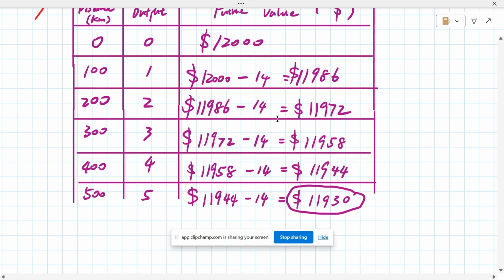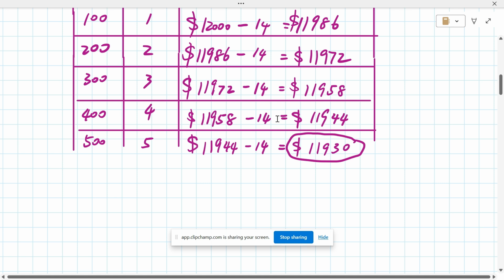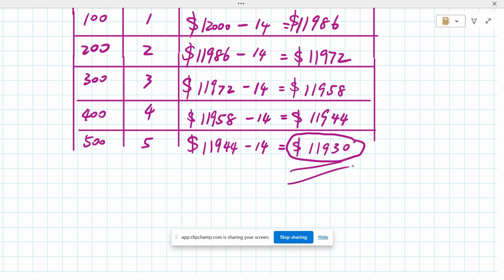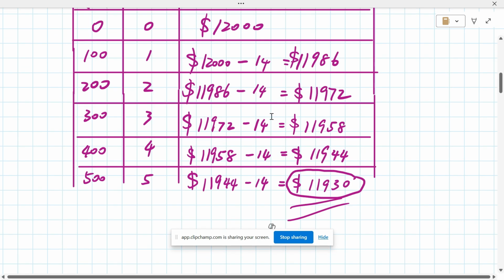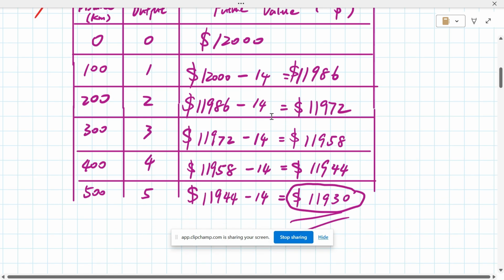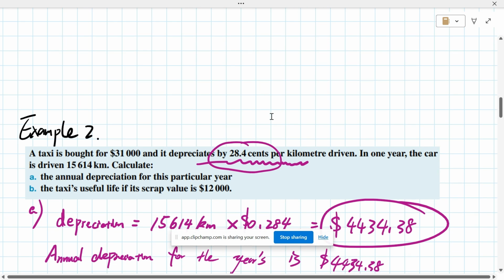After 5 times, your final value at 500 kilometers will be equal to 11,930. So using the table, you can also use the calculator to calculate these kinds of questions.